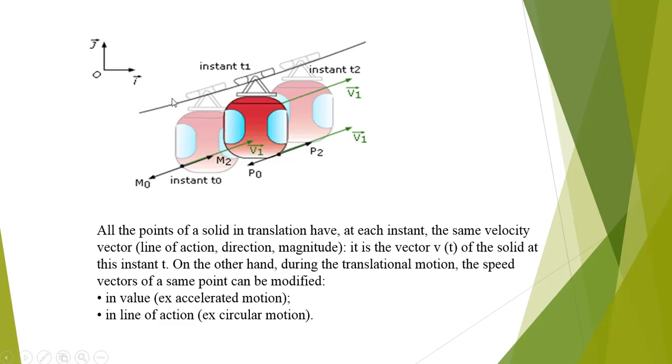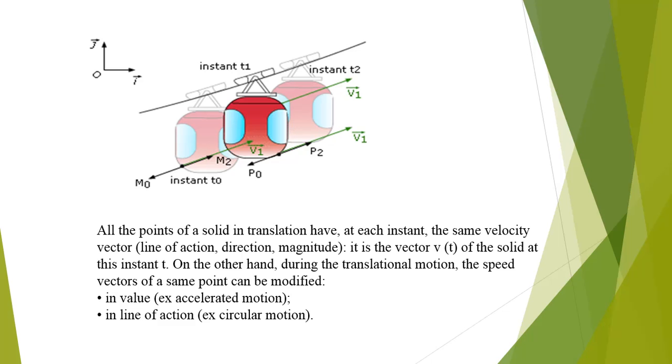So, at any instant t, all the points of this solid have the same velocity vector. But between two different instants, for example between instant t1 and instant t2, the velocity vector of any point of the solid may be changed.